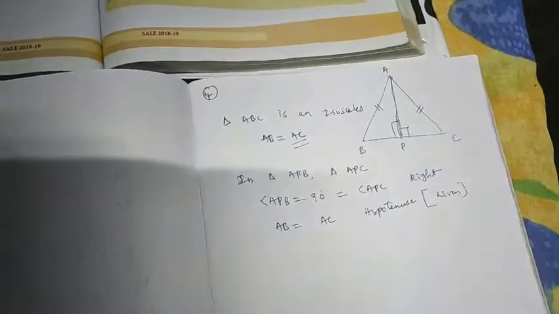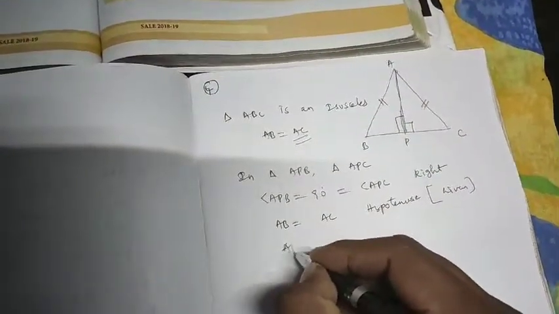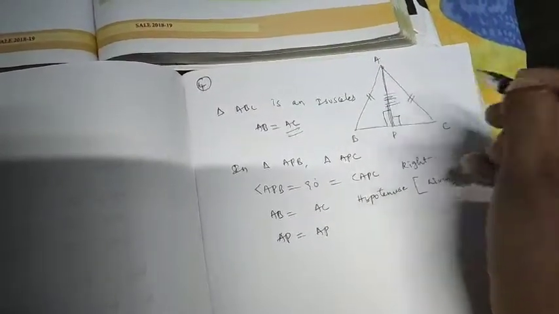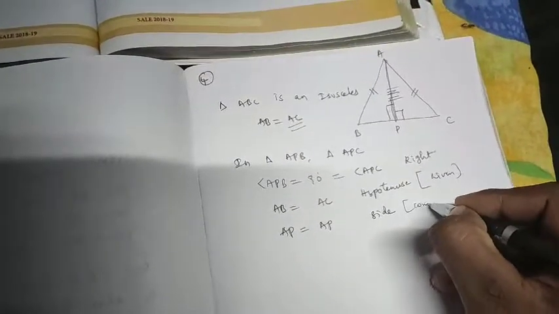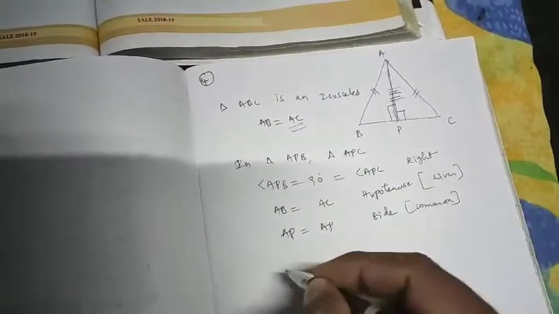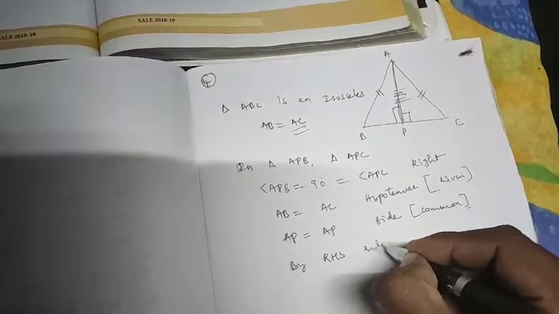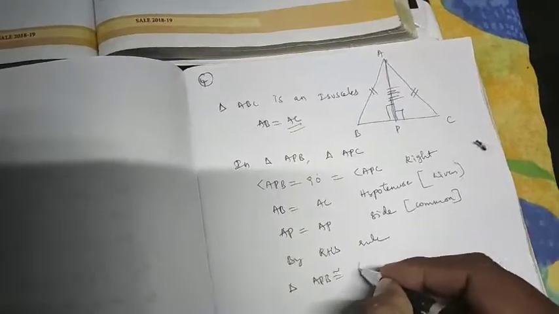It is the hypotenuse because it's the side opposite to the right angle. It is already given that AB is equal to AC because ABC is an isosceles triangle. Later, we have to show one more side equal. We can say AP is equal to AP, and the reason is it is a common side. So by RHS rule, triangle APB is congruent to triangle APC.